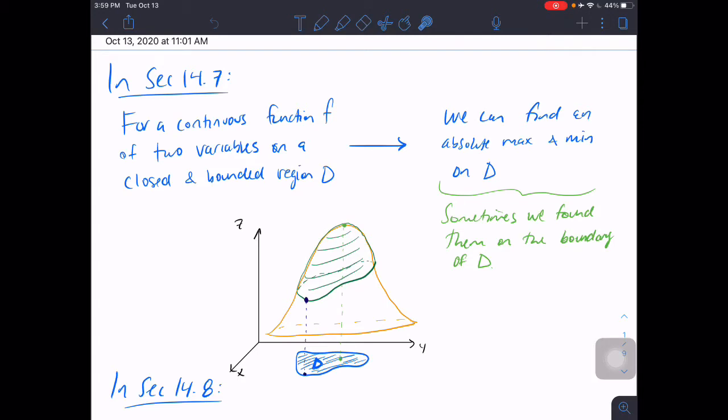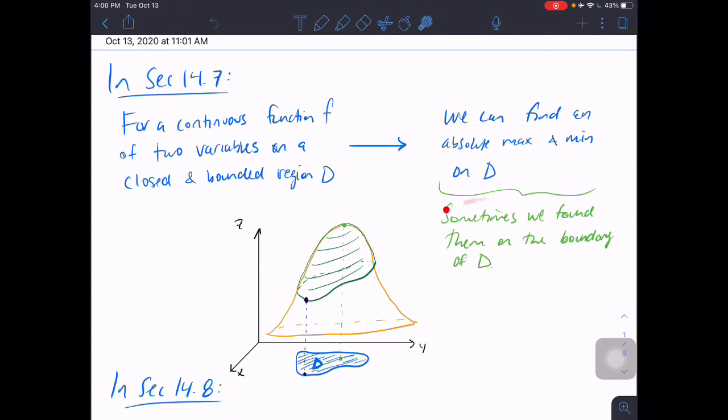And so then the extreme value theorem for functions of two variables told us that we should be able to find an absolute max and min for points that lied on this set D. And so through this example here, just to give you an idea, we see that if we ignored everything but the green part of our surface, we reach the absolute minimum at this point that lies on the boundary of D, versus the absolute maximum corresponds to a point inside our region D, right?